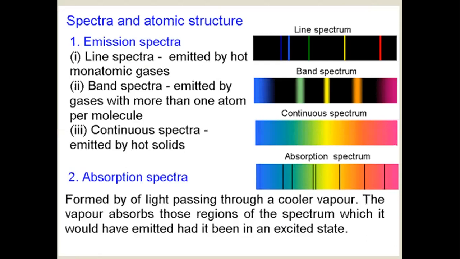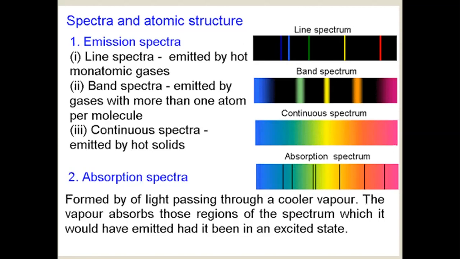You see only green color, and all the other colors you don't see, because all the other colors are absorbed and only green color comes out, and that is what you call absorption. Even in the case of an absorption spectrum, we have line spectra, band spectra, and continuous spectrum. So we call them continuous absorption spectrum, line absorption spectrum, and band absorption spectrum.